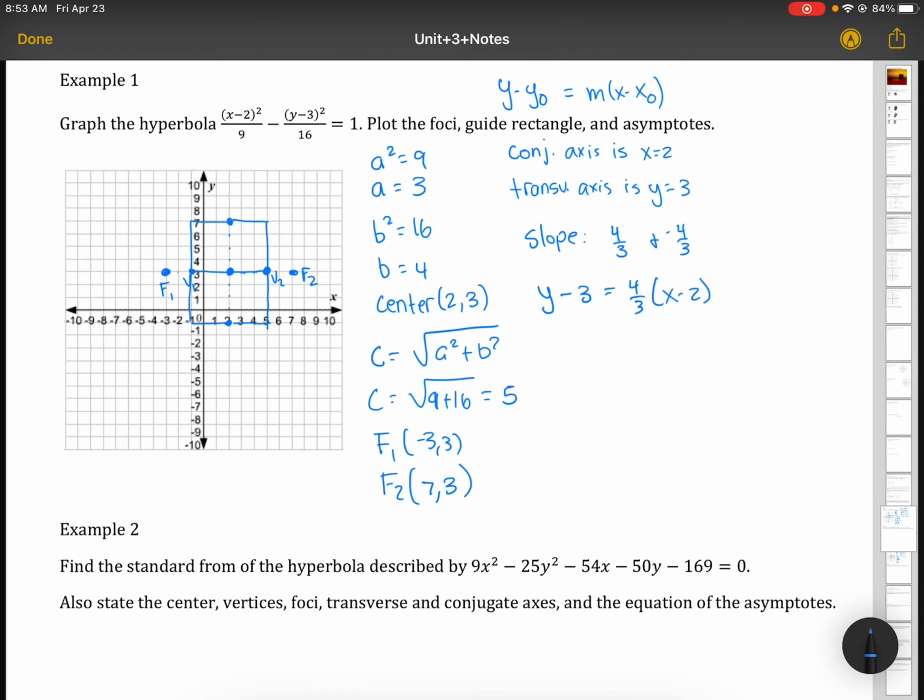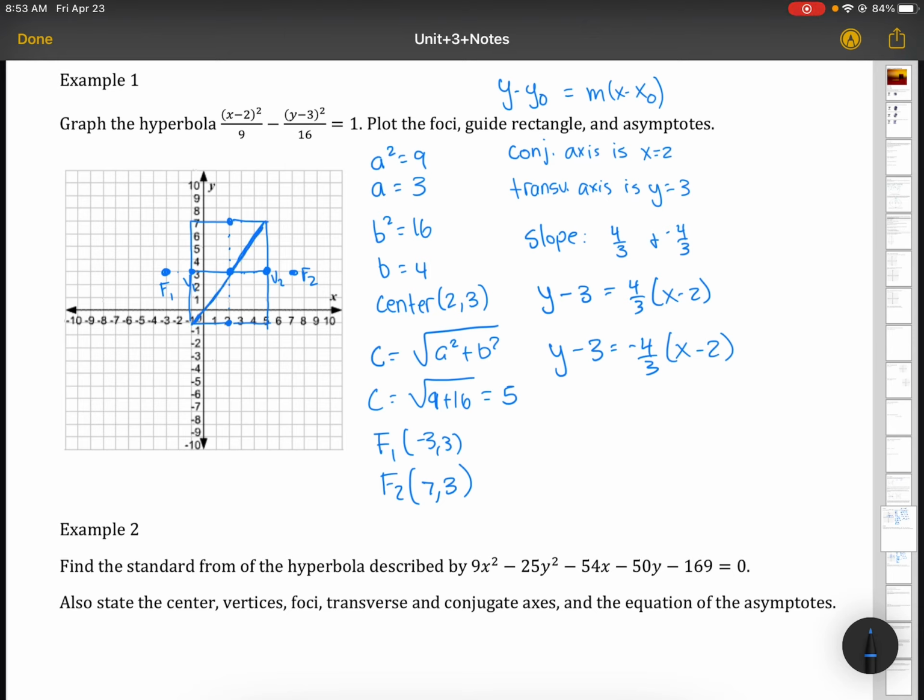That's one of our lines, and the other one is y minus 3 equals -4/3 times x minus 2. So same thing, just one slope is positive, the other is negative. And if we draw that, we can actually just go up 1, 2, 3, 4 and over 1, 2, 3. But if we need the equations, we have them.